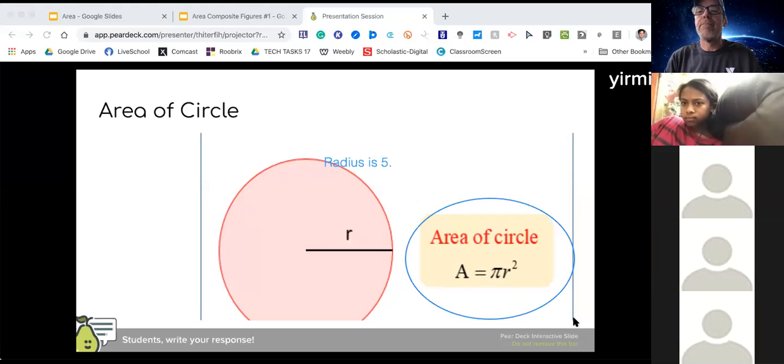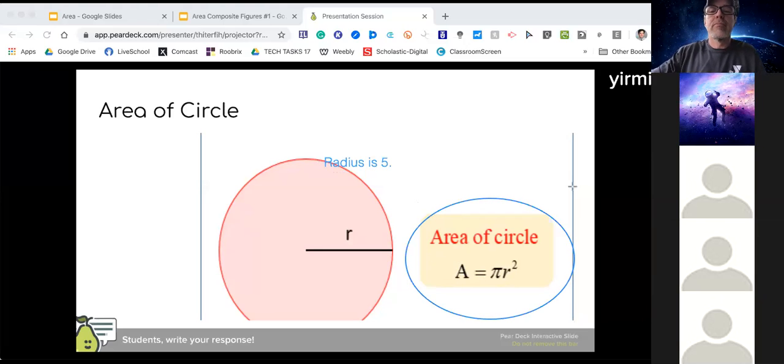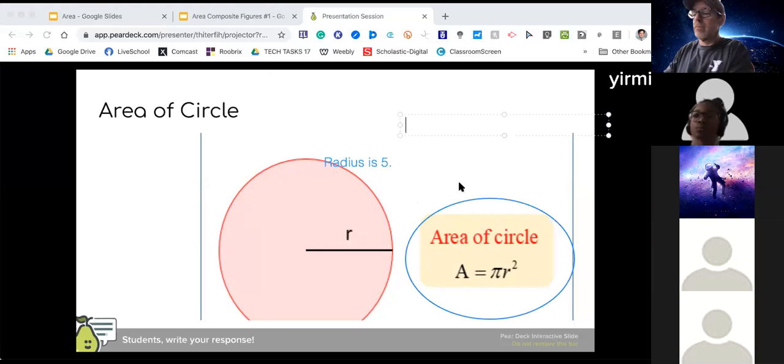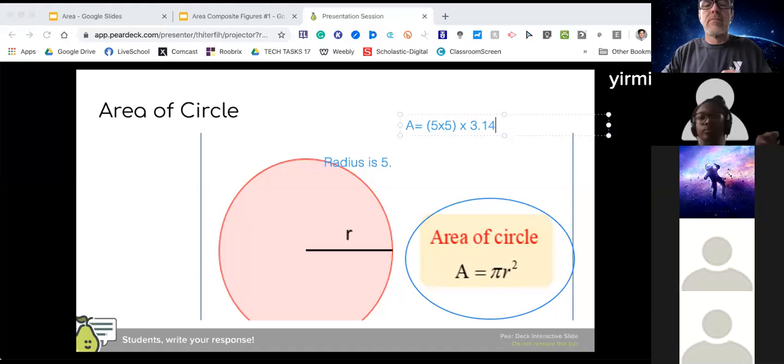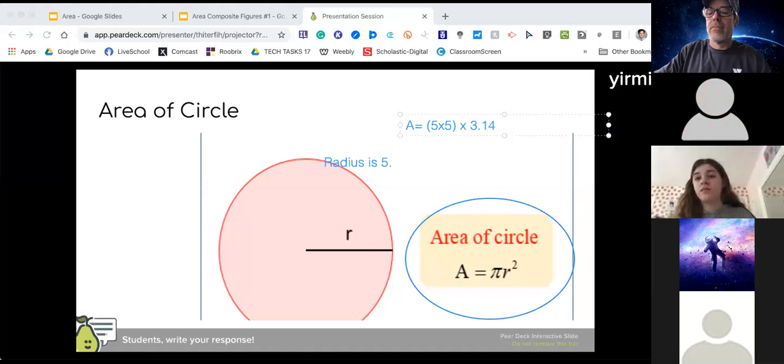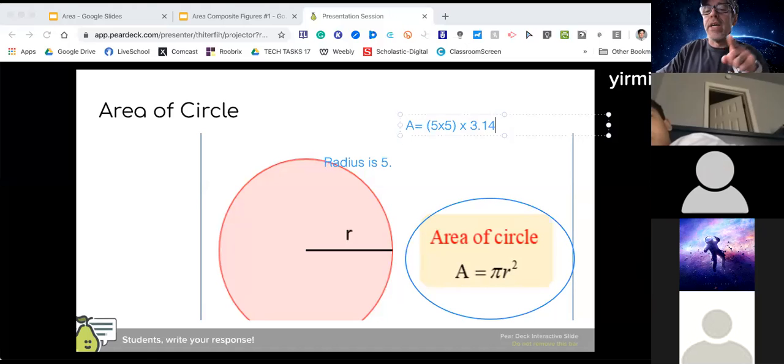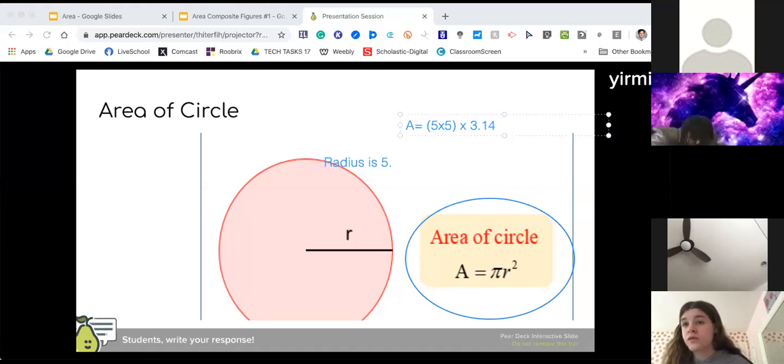Notice the area formula. All right, do y'all see what I have on the screen? Yes. That's what you need to do. So if you didn't do that, plug that in now, please.